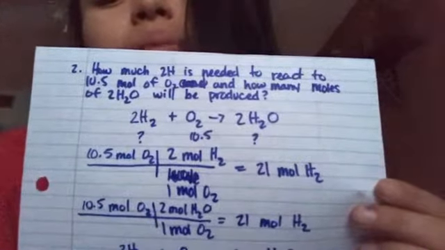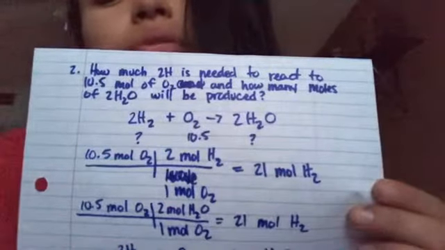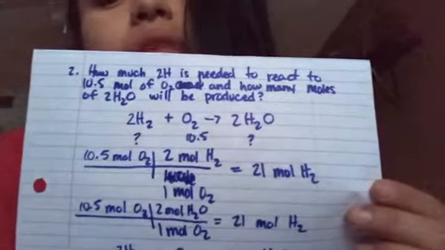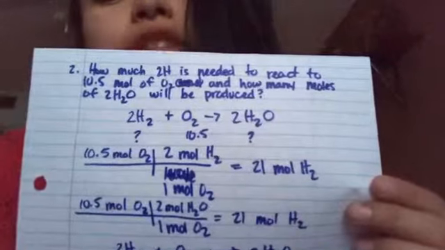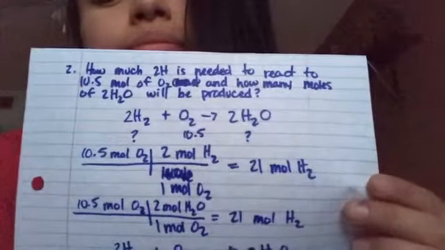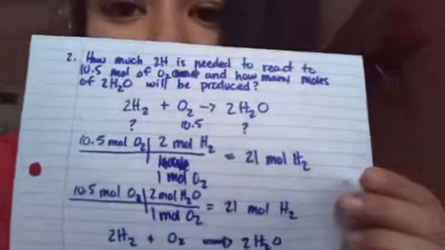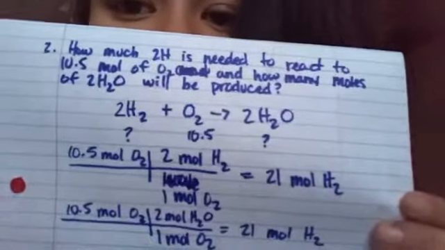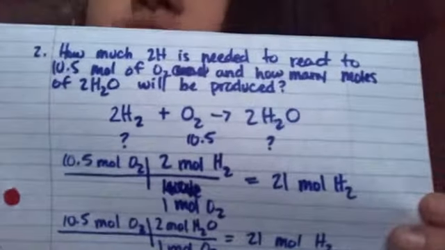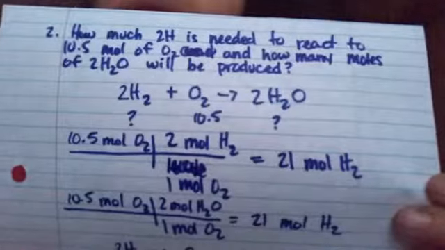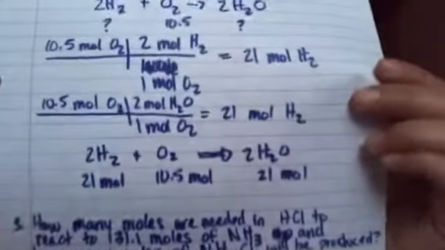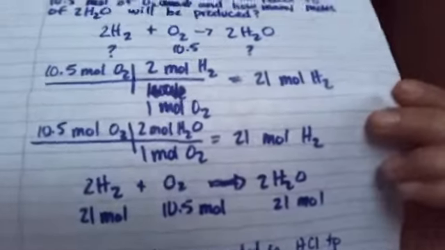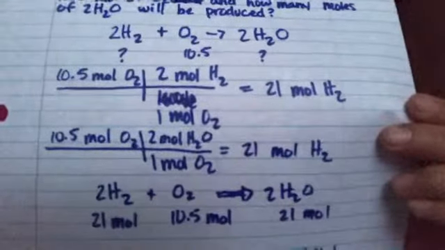And then in the bottom we put again 1 mole of O2, which is equal to 21 moles of H2. I meant to put H2O. So the first one's 21 moles of H2, the second one is 21 moles of H2O.